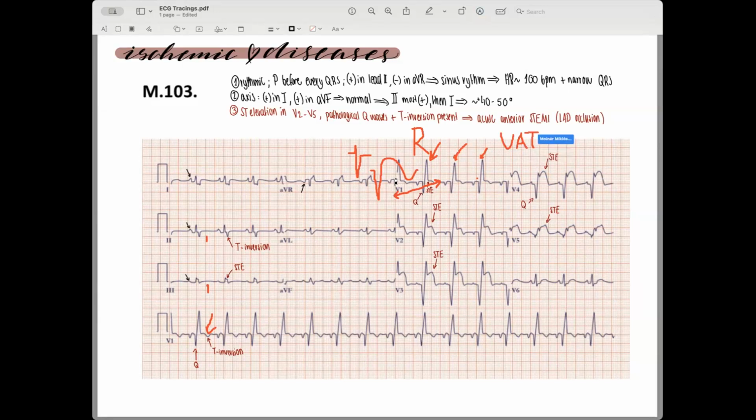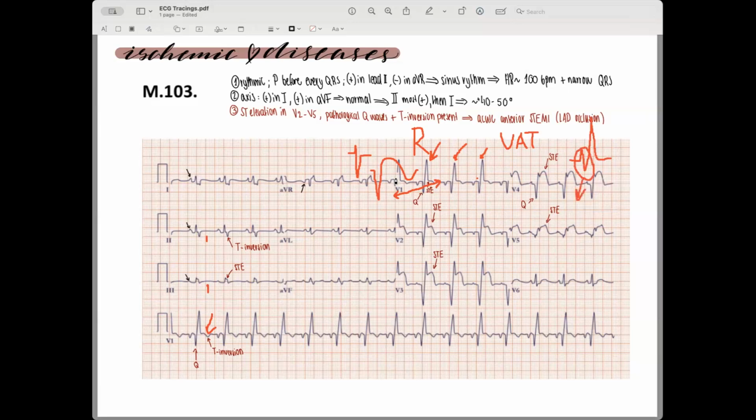Bundle branch block? Yes, which one? Right, yes, exactly. Right bundle branch block. Of course, you are expecting an RSR prime pattern, but this is altered by necrosis.